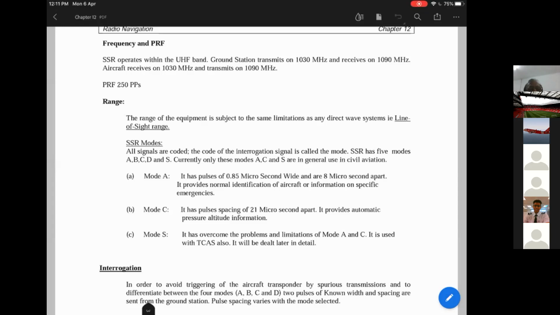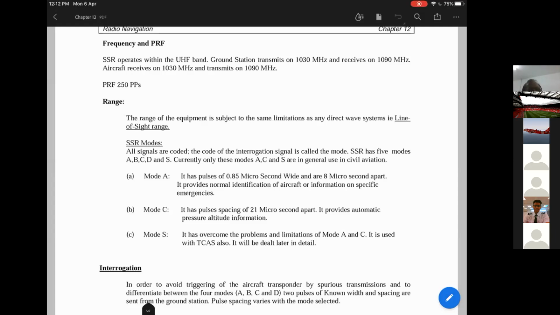SSR transmits on 5 different modes: Alpha, Bravo, Charlie, Delta, and Sierra. As far as commercial aircraft are concerned, we basically use only mode A, C, and mode S. The purpose of mode A is basic identification of the aircraft.